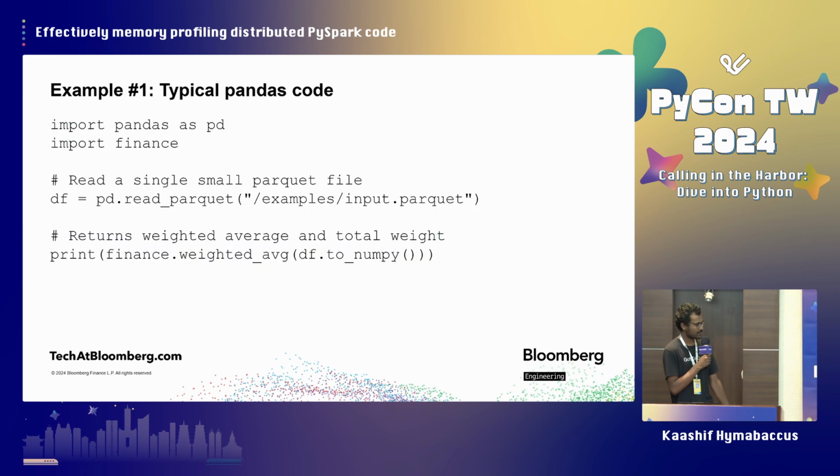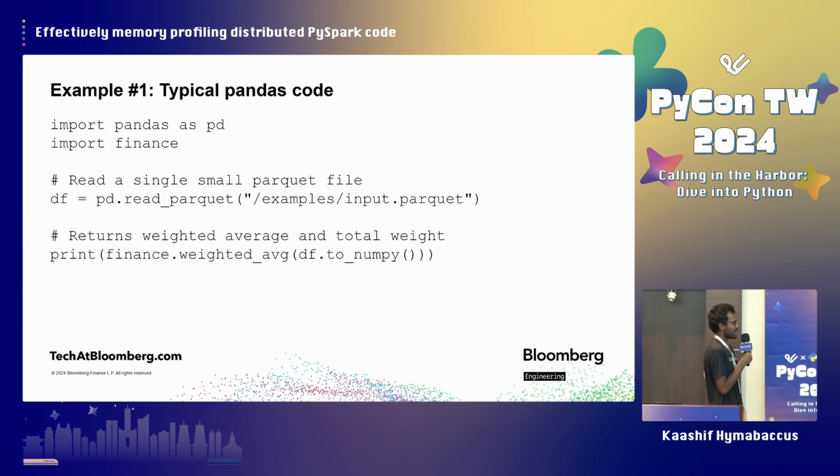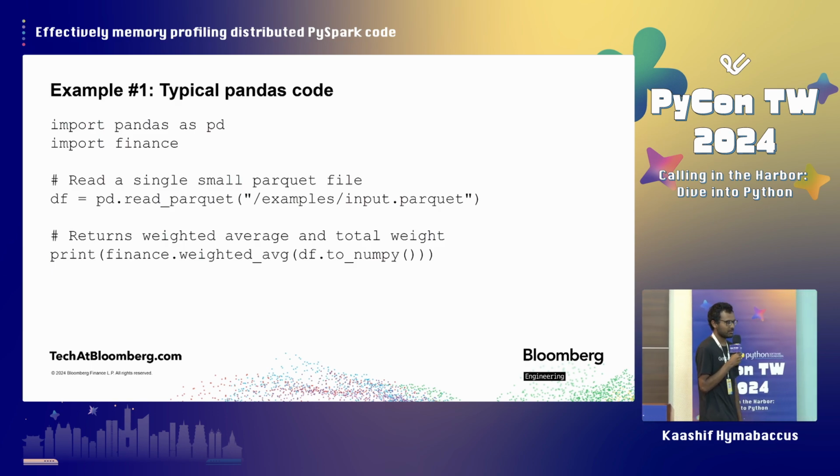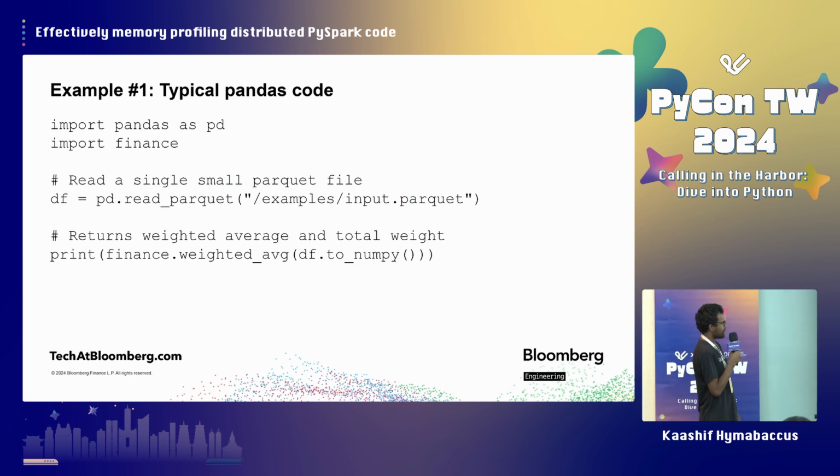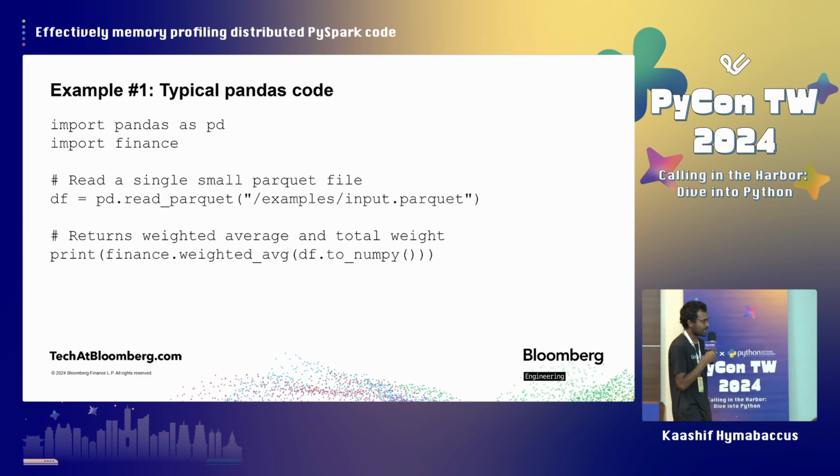So, super simple example here. We have our Parquet file on disk, it's the one from before, and we're going to read that Parquet file and call our finance function to take a weighted average of the values in that Parquet file.